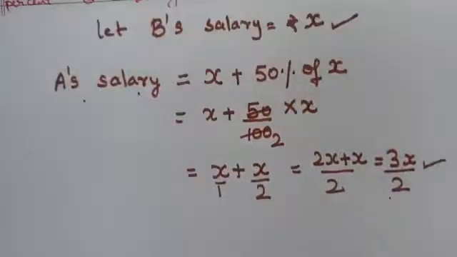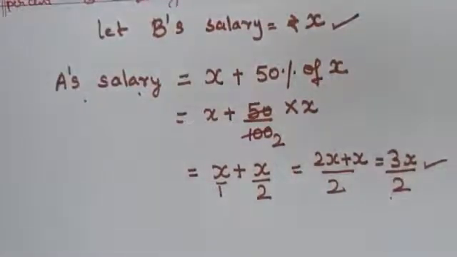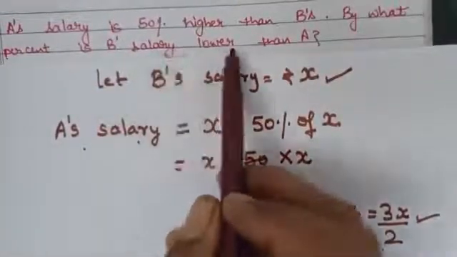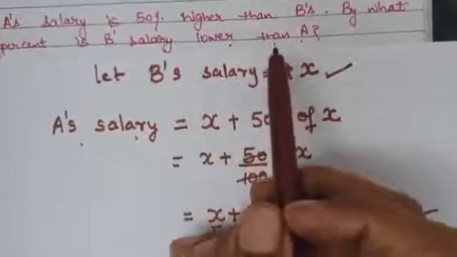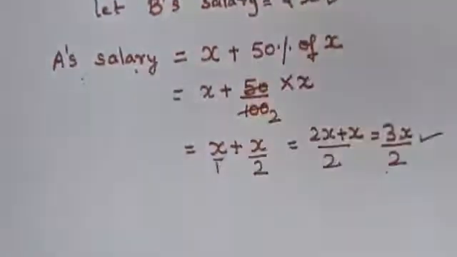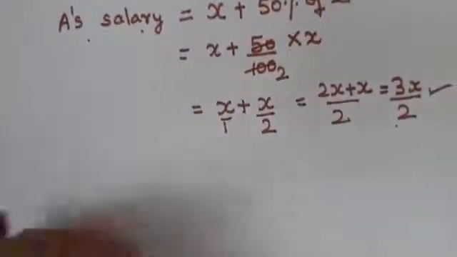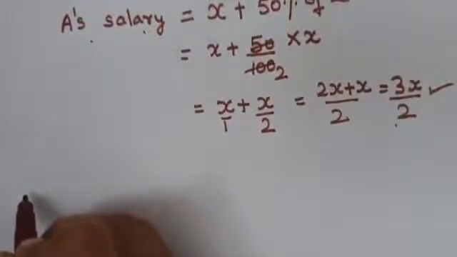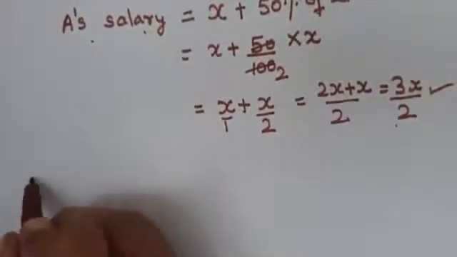Clear, children? Now from the statement, we know that B's salary is lower than A's salary. So first of all, let us find how much B's salary is less than A's salary.